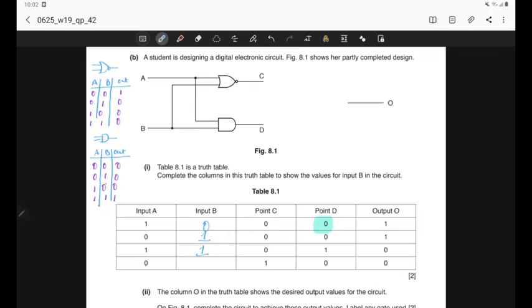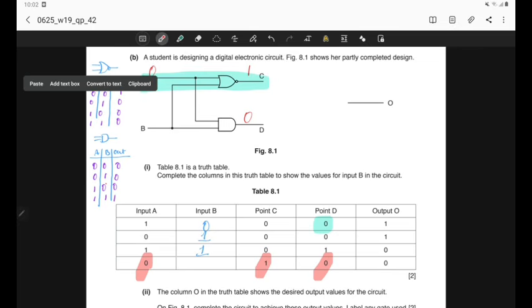Now the last row, let's check the values. Input at A is 0 and output values at C is 1 and D is 0. So 0 at A, 1 at C and 0 at D. So let's again look at the truth tables. First we can consider the NOR gate, and we need to check when input at A is 0 and the output should be 1.